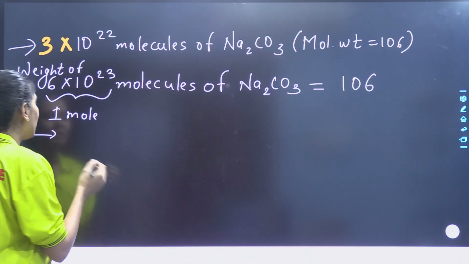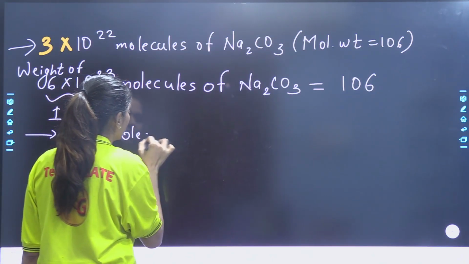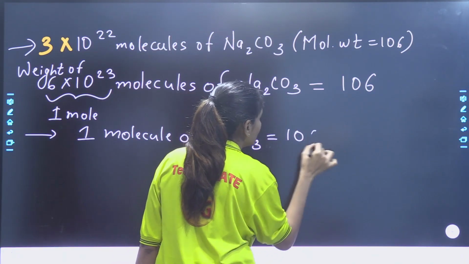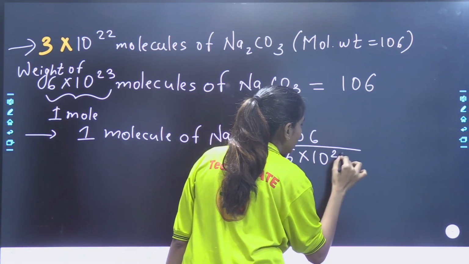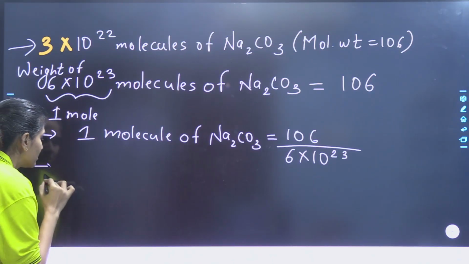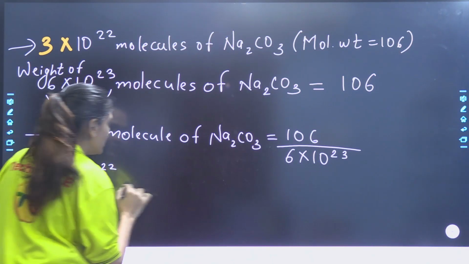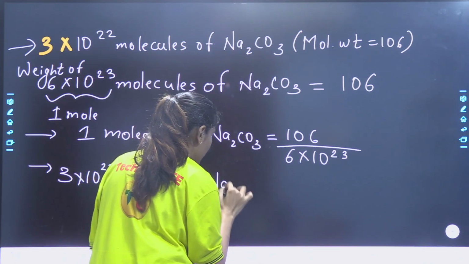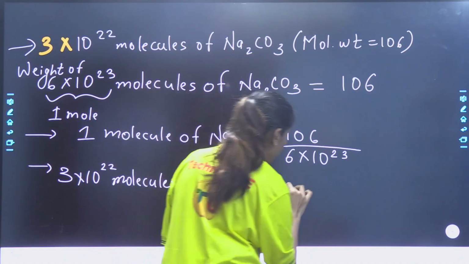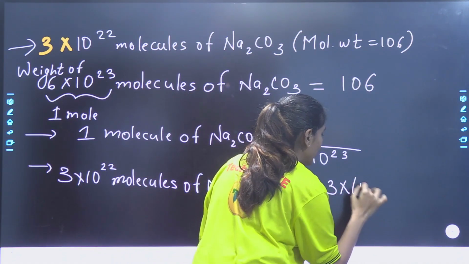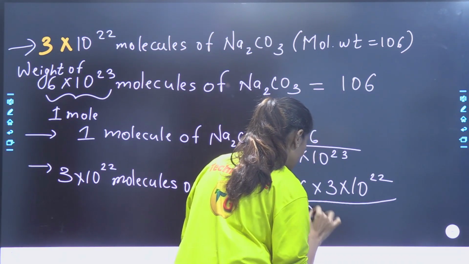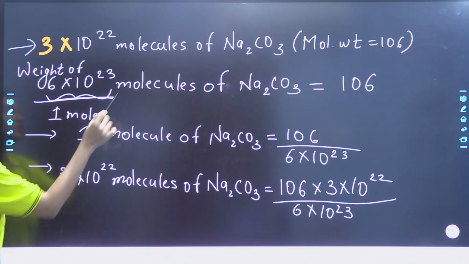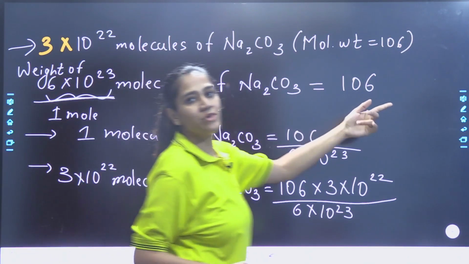So we simply use the unitary method: 1 molecule of Na2CO3 has weight 106 divided by 6 into 10 raised to power 23, since 1 mole has that many molecules with weight 106.